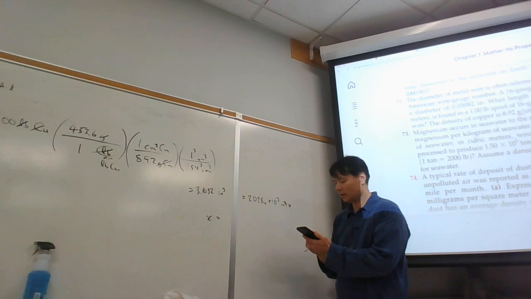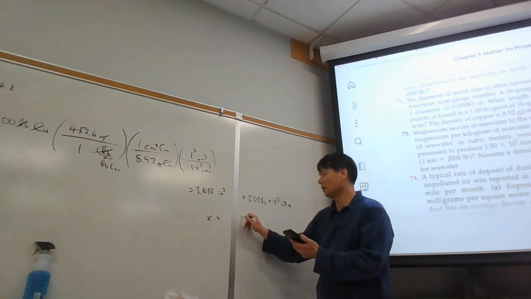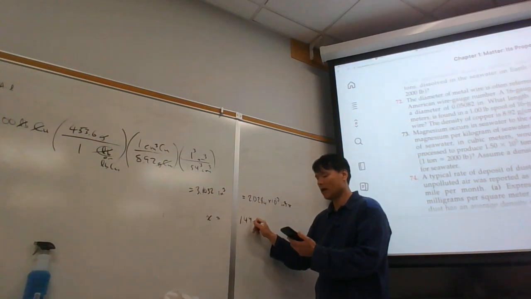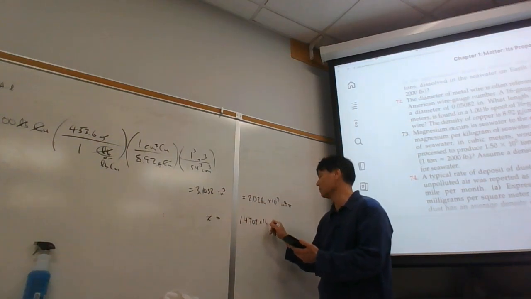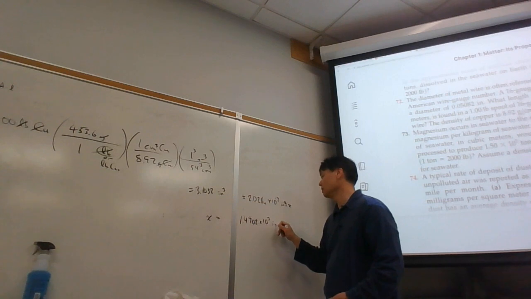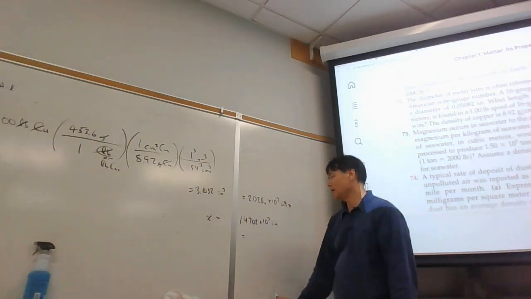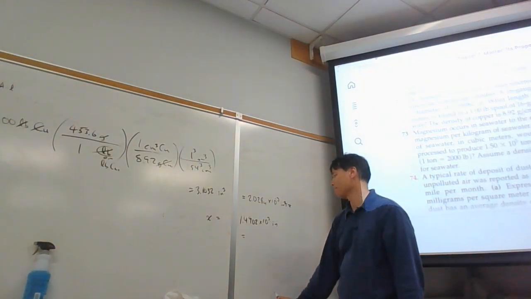So I'll take that and divide it by 2.0284 times 10 to the minus 3. And I get 1.4902 times 10 to the third inches. And so that would be, how many sig figs are we allowed? 3.